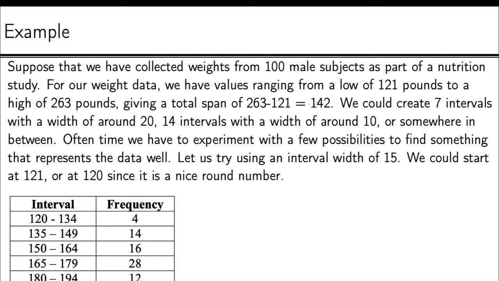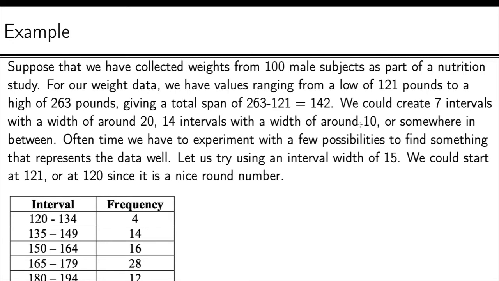Say we want 7 class intervals, then we take 142 and divide it by 7, and that gives us a number close to 20. Or if we wanted 14 intervals, we take 142 and divide it by 14. That gives us a number close to 10. That would be the length of the interval.